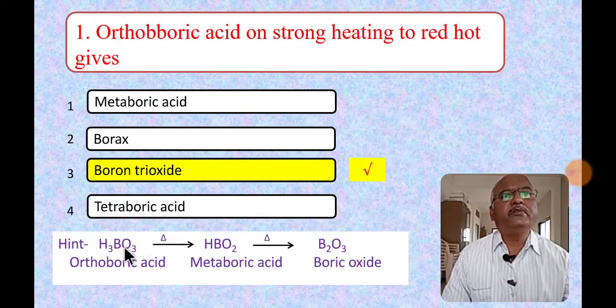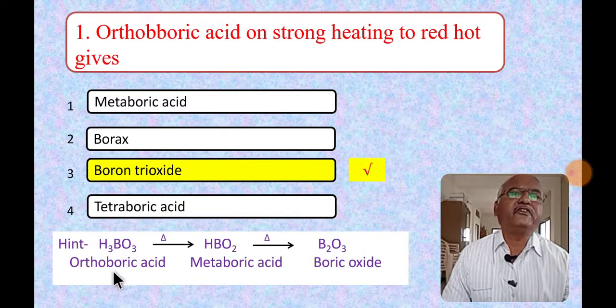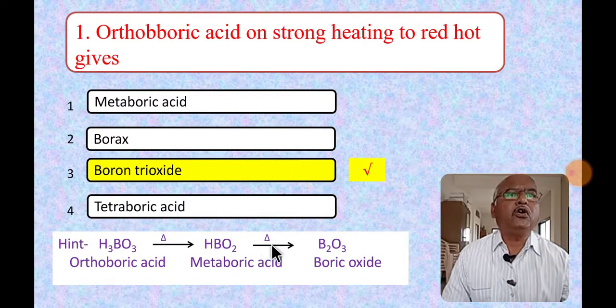So H3BO3, that is orthoboric acid, on strong heating gives metaboric acid, which on further heating gives boric oxide. This is also known as boron trioxide or boric anhydride.